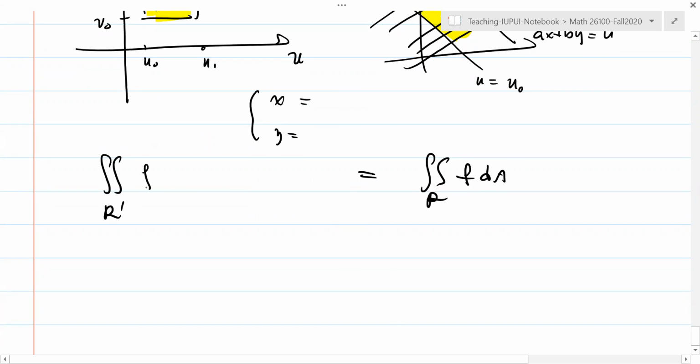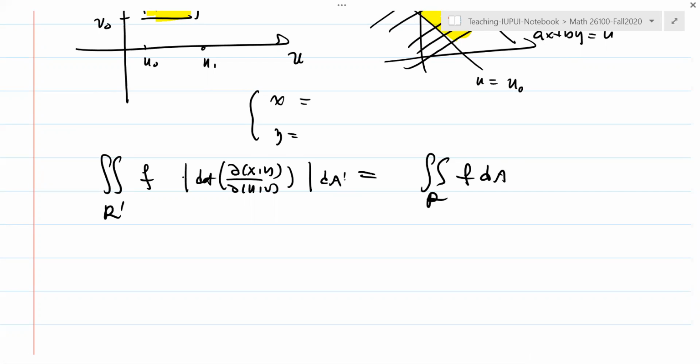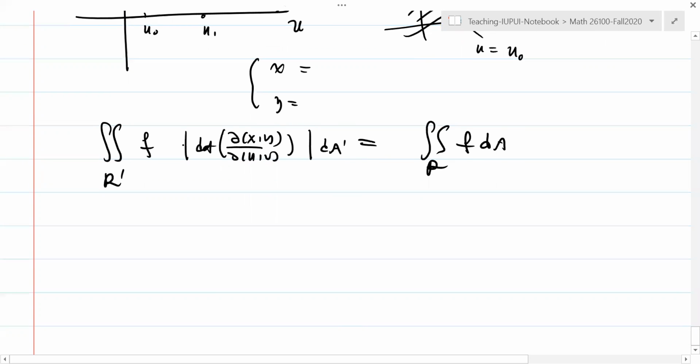But be careful, you have an absolute value of the determinant here. This will be a constant in general. You can calculate that, so that's it.